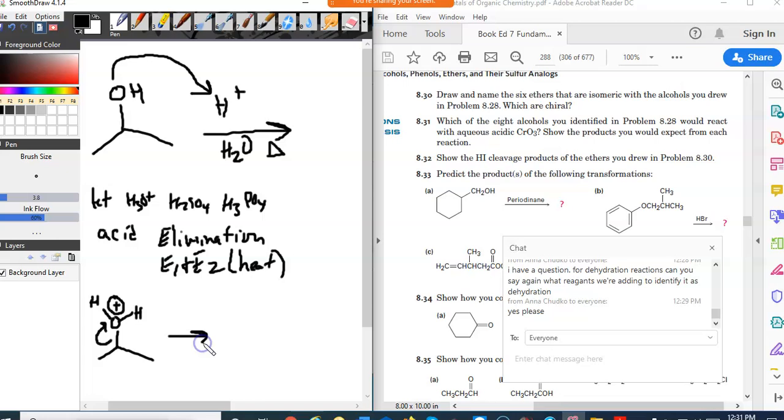And then the water leaves to form a carbocation. Remember yesterday we talked about this mechanism being E1-like, because you form a carbocation and then the water deprotonates a beta hydrogen to form a double bond.